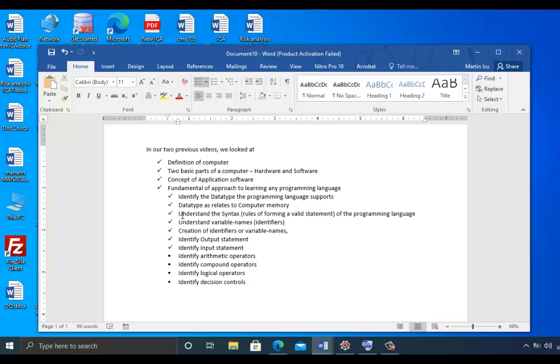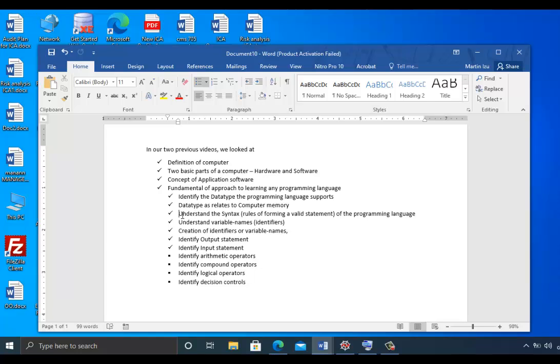The rule for you to make a sentence in English language is that the sentence must have a subject and a predicate. The subject there is the noun, the predicate there is the verb and the other parts of speech, as the case may be.